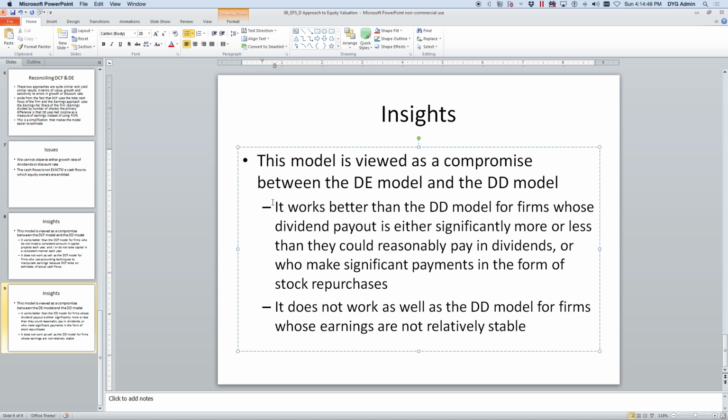It also works better even for firms that do pay a dividend if the amount of the dividend that's paid is not really consistent with, let's say, the theoretically correct amount they could afford. So the firm may not be paying out nearly as much in dividends as they should.